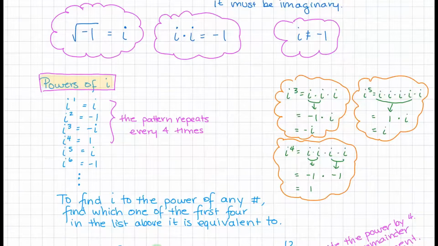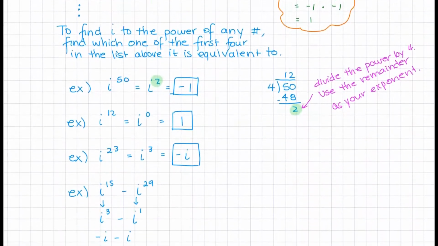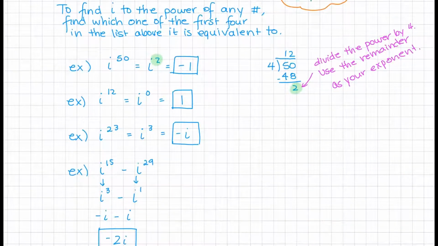So to find i to the power of any number, you find which one of the first 4 in this list right here it's equivalent to. And how do you do that? It's actually a pretty easy thing. So if we take a look at i to the power 50, I mean, we could list out 50 i's, but that sounds awful. So instead of doing that, because it's going to repeat every 4 times, let's take 50 divided by 4, and we're going to get a remainder of 2.